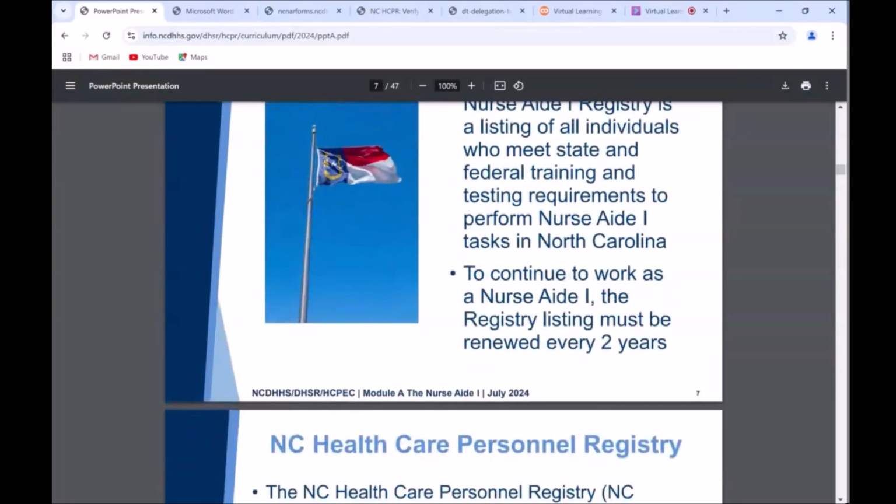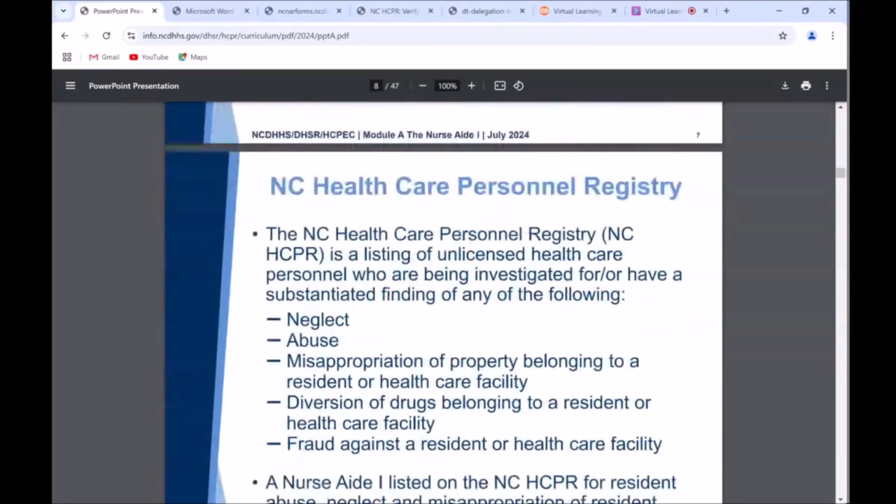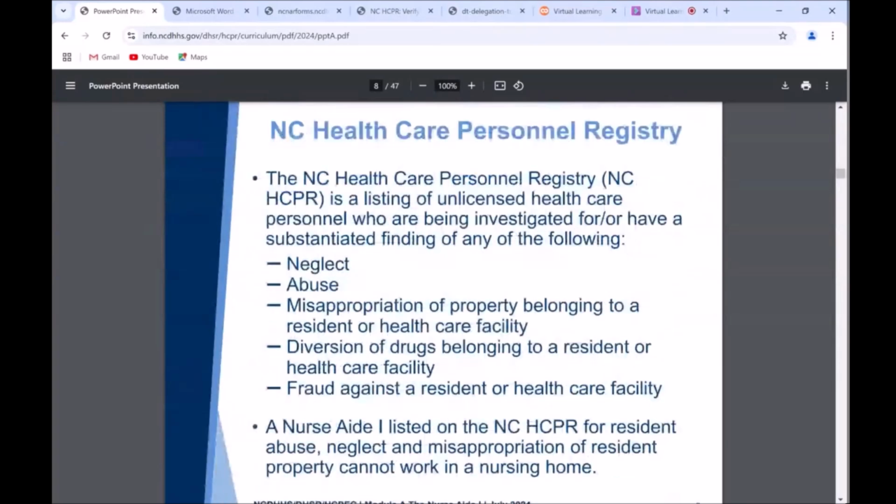Next, we will talk about the North Carolina Healthcare Personnel Registry. This is a listing of unlicensed healthcare personnel who are being investigated for or who have substantiated findings for any of the following that you've got listed here. So resident neglect, resident abuse, misappropriation of resident property or the healthcare facility, diversion of drugs belonging to the resident or healthcare facility, or fraud against the resident or healthcare facility.